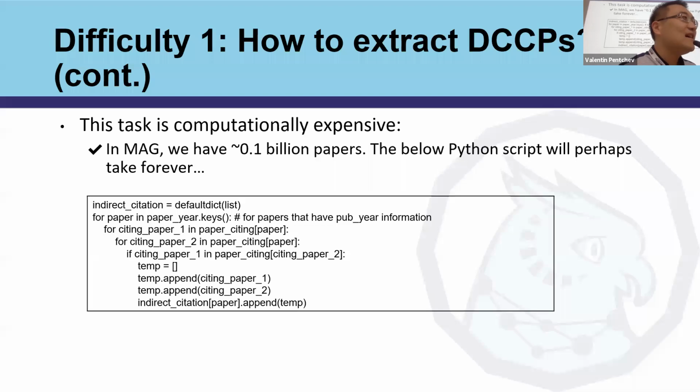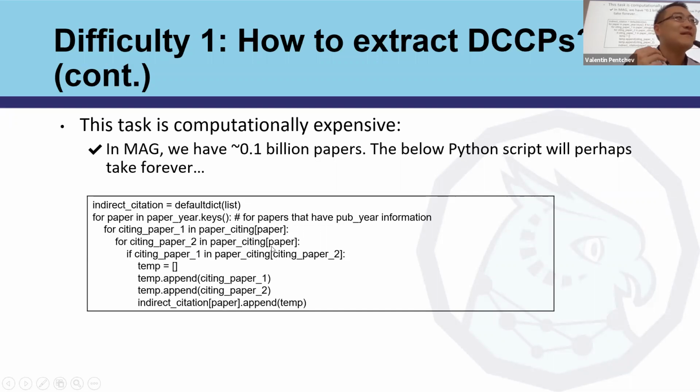To this end, I need to have two loops. "For paper in citing year keys" is to examine whether this paper is contained in the specific publication year information. And then I have two loops: for citing paper 1 in paper citing paper, for citing paper 2 in paper citing paper.